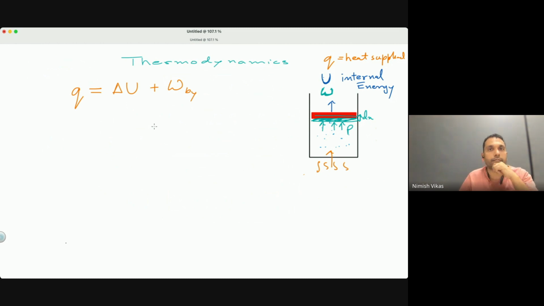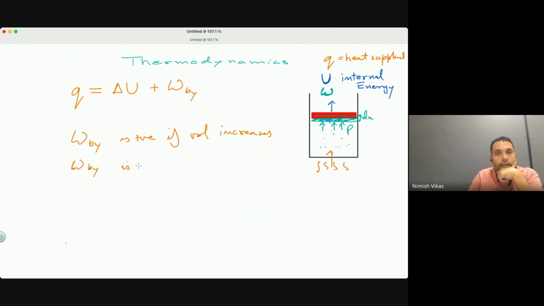Work done by the system is positive if volume increases, and negative if volume decreases.